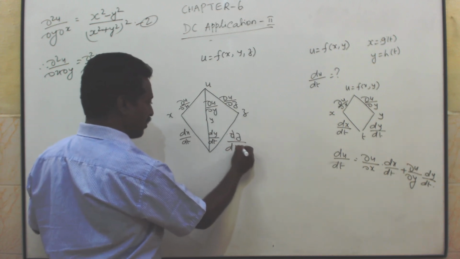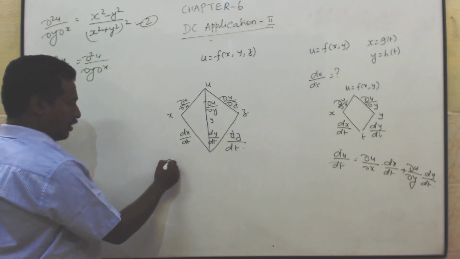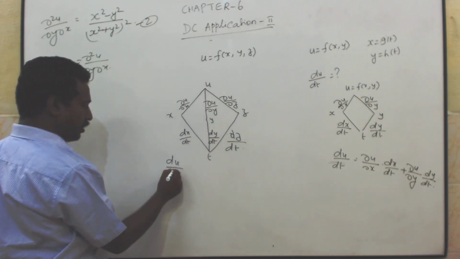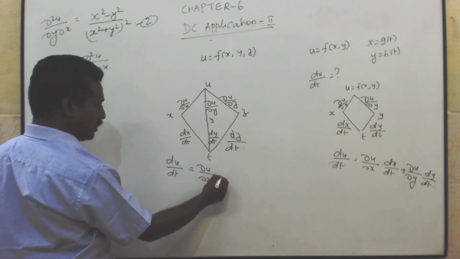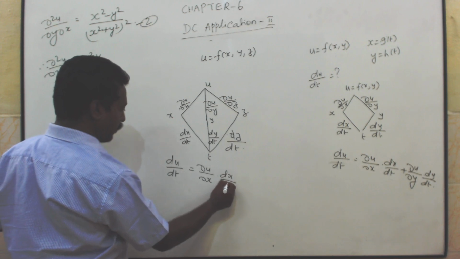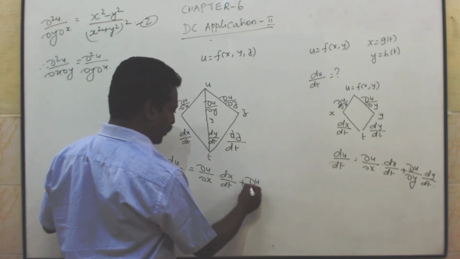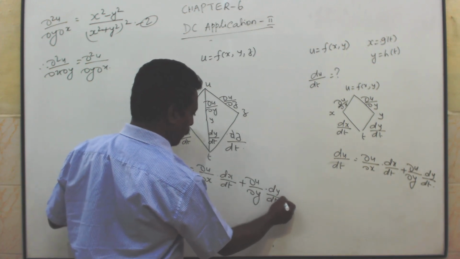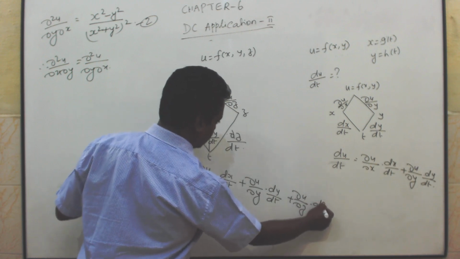Then the formula: du by dt equals dou u by dou x into dx by dt plus dou u by dou y into dy by dt plus dou u by dou z into dz by dt.